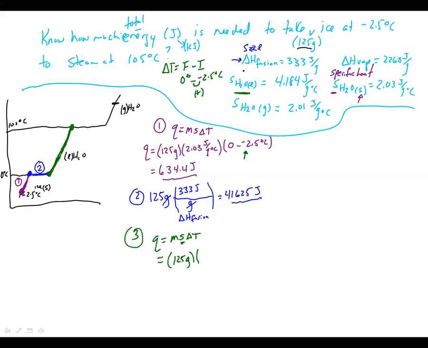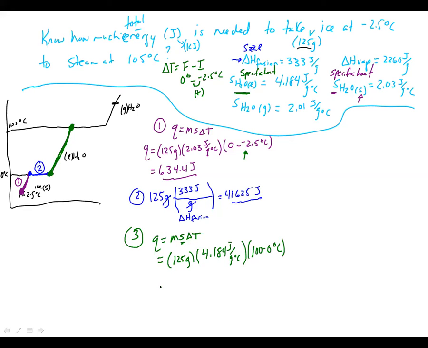So this is where we would want to use the specific heat capacity for liquid water, that number we're used to, that 4.184. And now our final temperature is 100. Our initial temperature is 0. So we would have 100 minus 0 degrees Celsius.